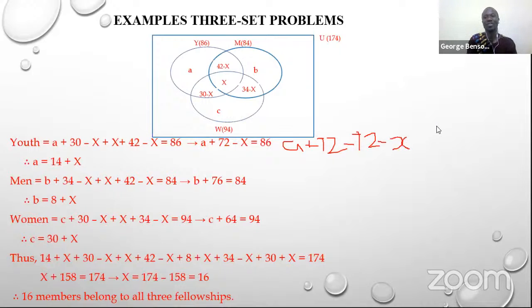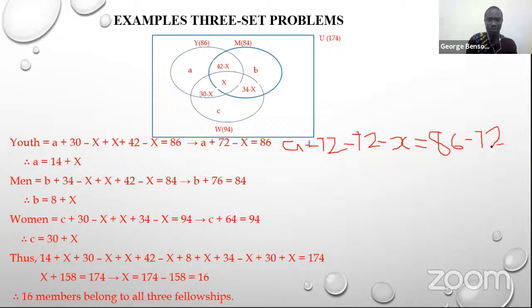Is that okay? If we decide to do it one by one, then it will be equal to 86 minus 72. Is that okay?